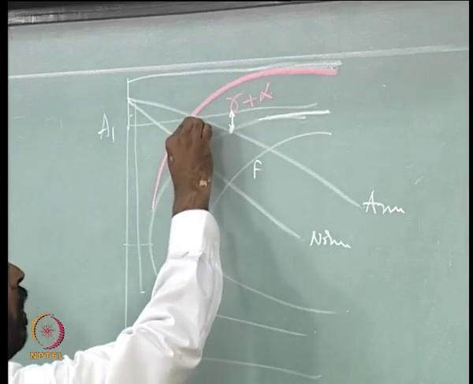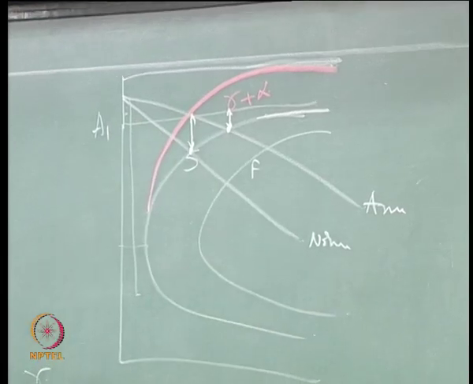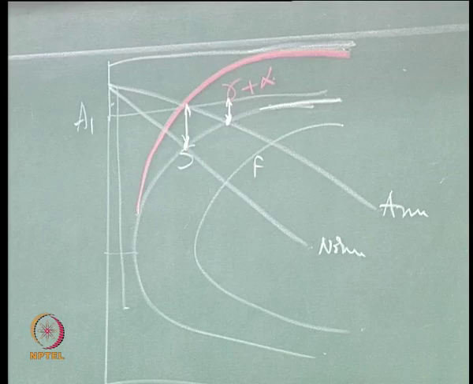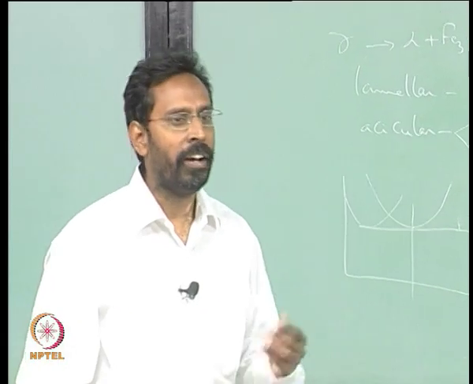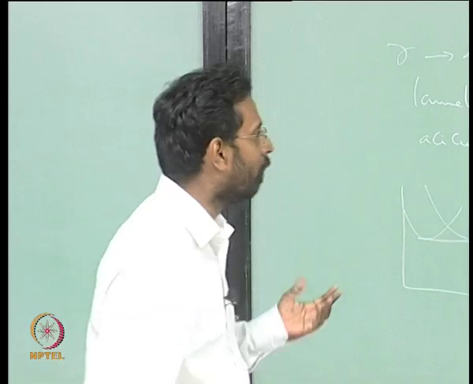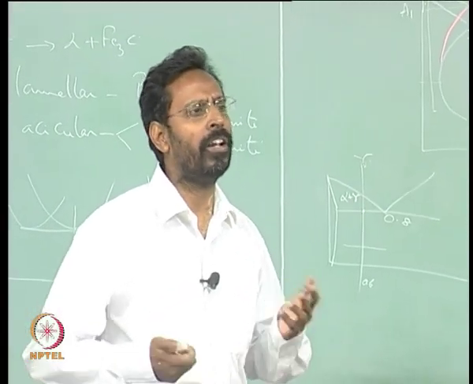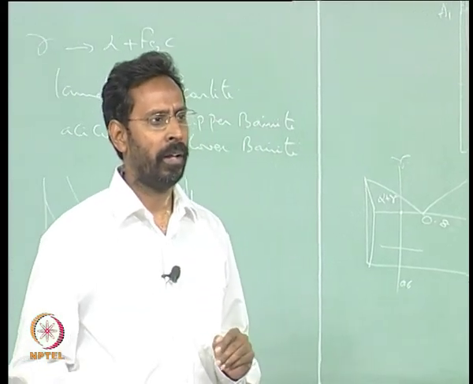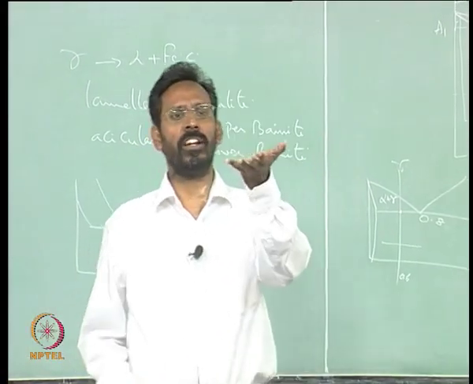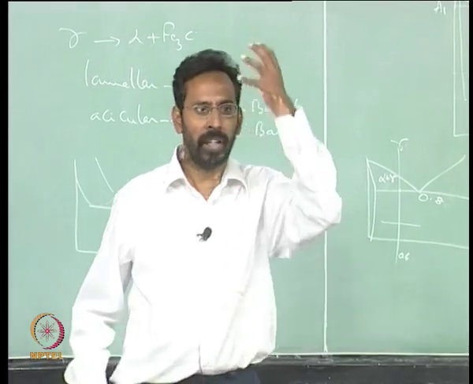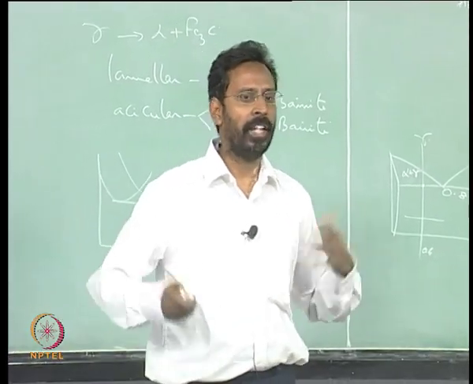The undercooling is smaller for annealing and larger for normalizing. Physically also you can understand that when you are cooling very slowly, the transformation occurs near the transformation temperature. When you are cooling very fast, the system gets undercooled because of the inertia in the system.